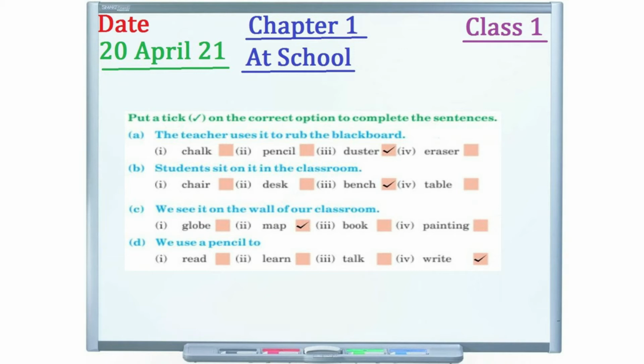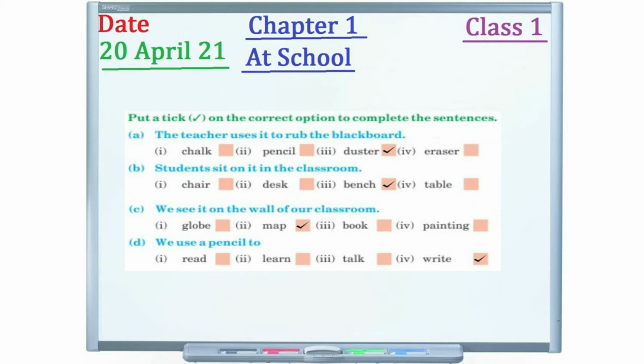C. We see it on the wall of our classroom. Options are globe, map, book, paintings. On the wall of our classroom. Globe, not possible. Map, yes, it is possible.